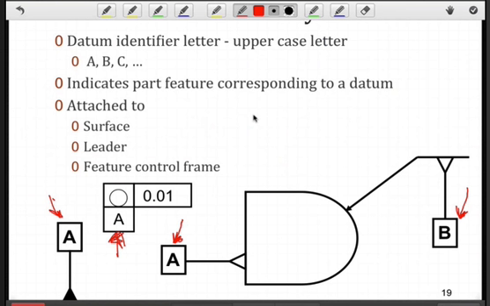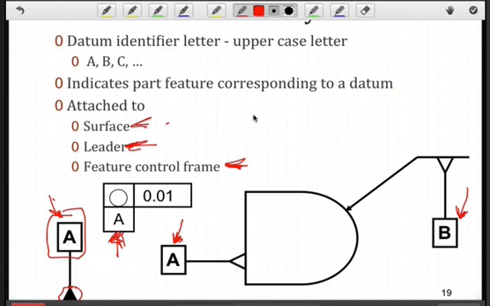What we're trying to do is indicate the part feature that corresponds to the datum using this symbol. And the way that is done is we somehow attach it to the surface, or we have a leader pointing to the surface, or it's attached to a feature control frame. So the simplest form is to take the box with the datum identifier in it, attach it to a surface using a closed or open triangle.